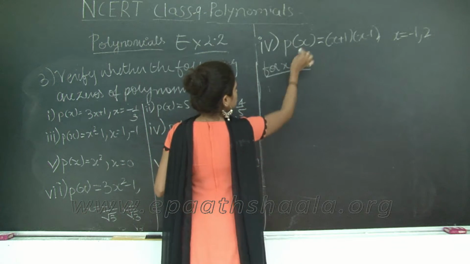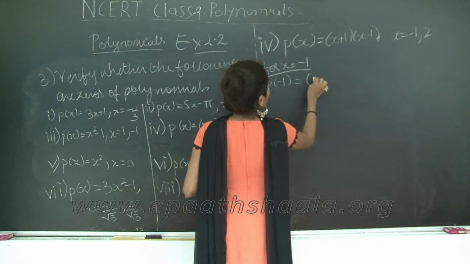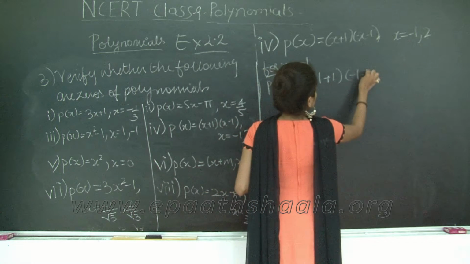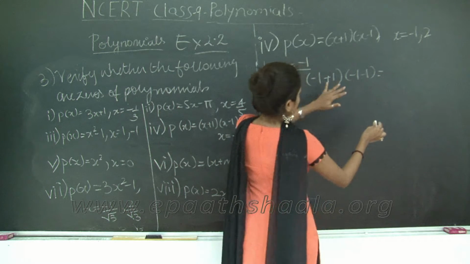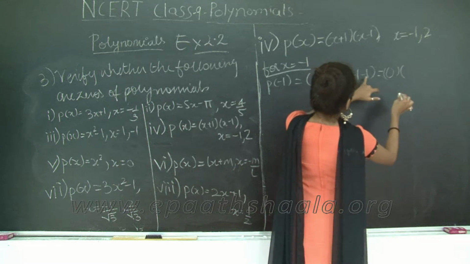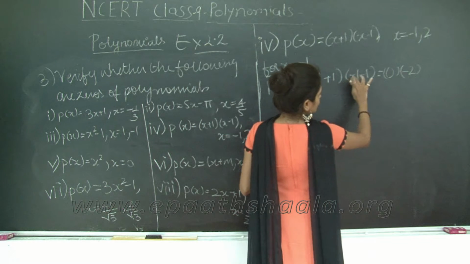Substituting x = -1 in this polynomial expression, I get p(-1) = (-1 + 1)(-1 - 1), which is -1 + 1 gives me 0, into -1 - 1 gives me -2. You are adding these two terms because of similar signs.